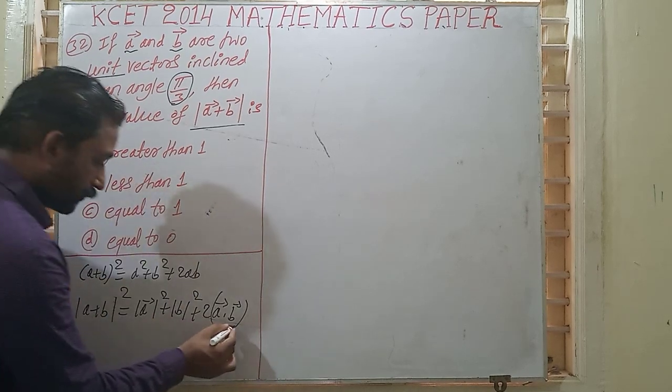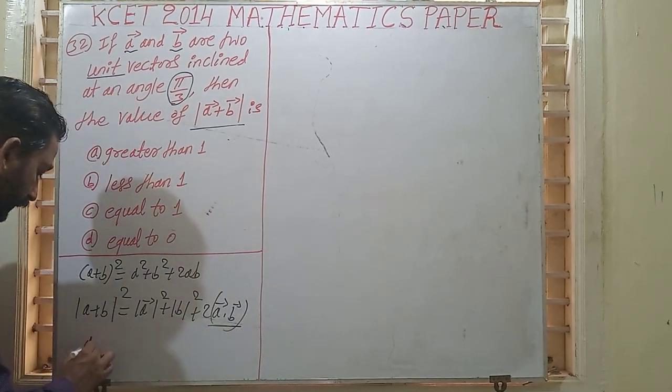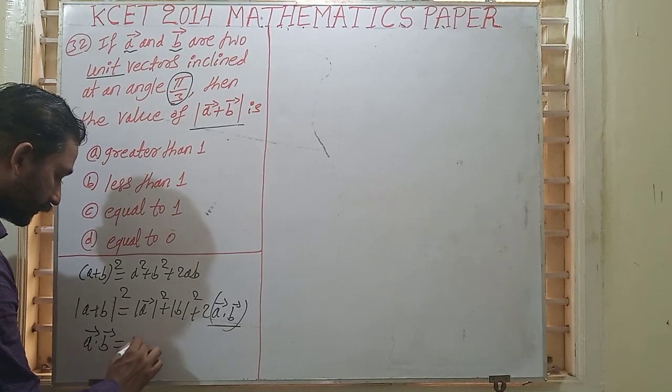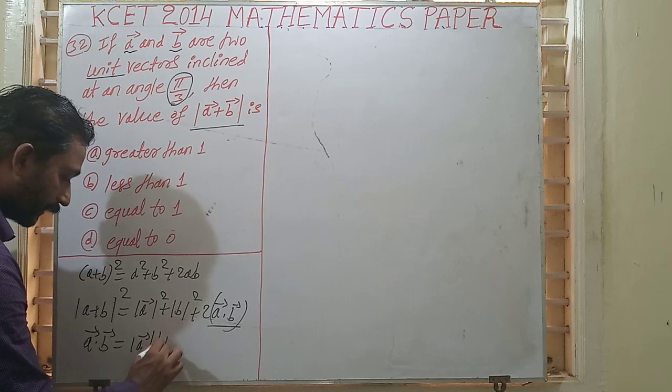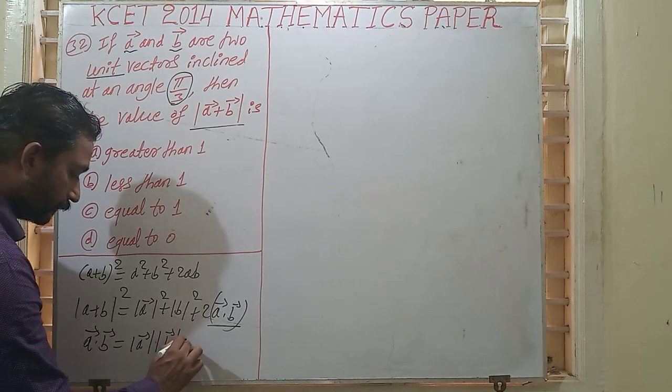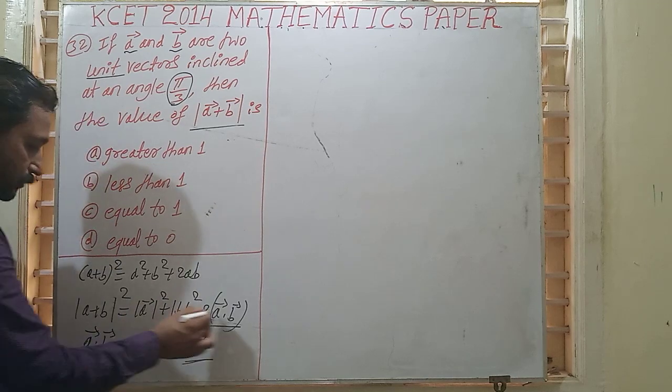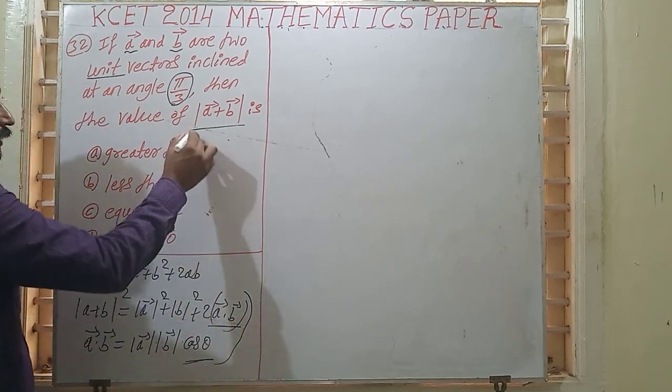Also one more formula: A dot B is equal to magnitude of A into magnitude of B into cos theta. Using these two formulas, we have to find the magnitude of A plus B.